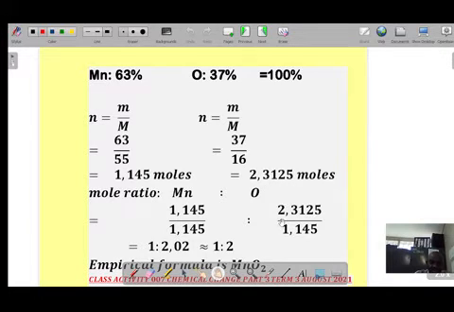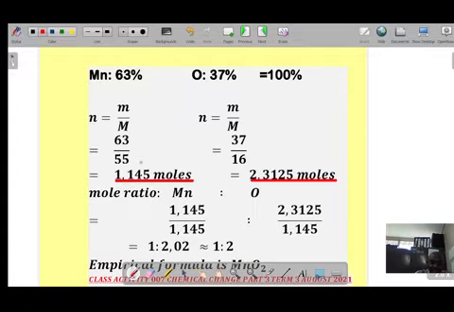Now listen to something here, please. It's very important. After getting these moles for each of the elements, you check which of the moles is the smallest.